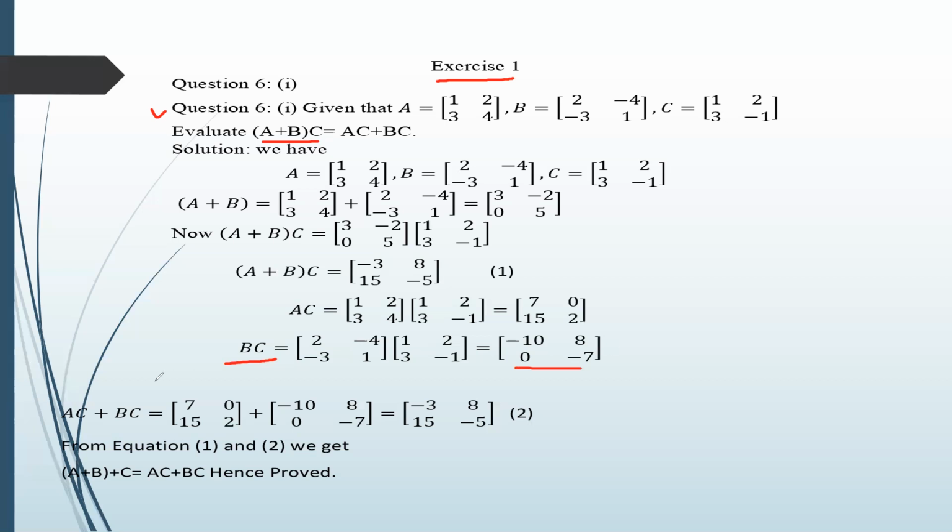Now we add AC and BC. After adding, we get this matrix 3, 8, 15, minus 5. So from equations 1 and 2, we get (A plus B) C equal to AC plus BC. Hence proved. Is that clear?